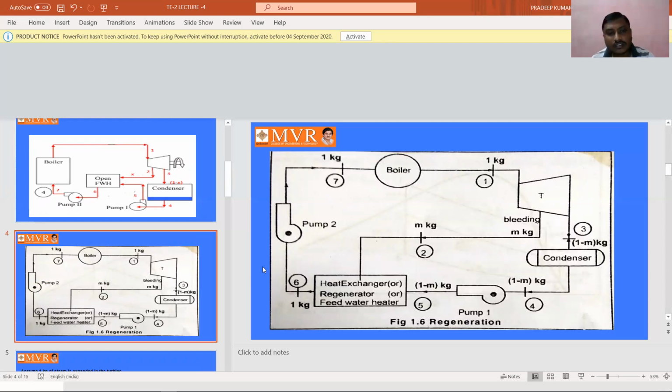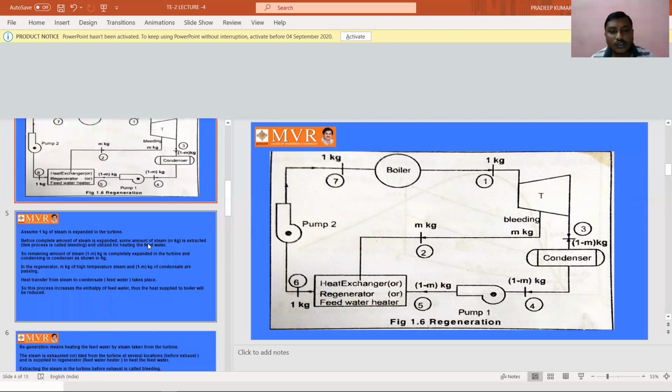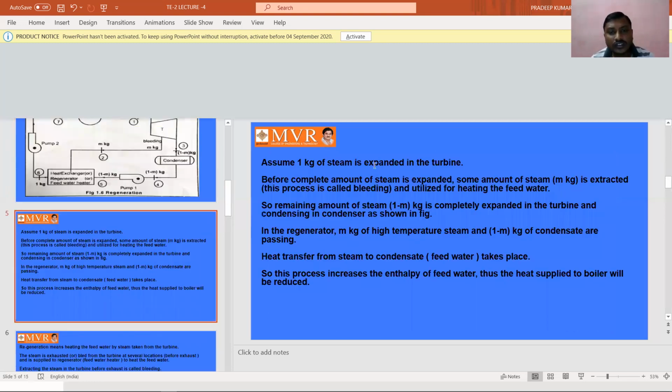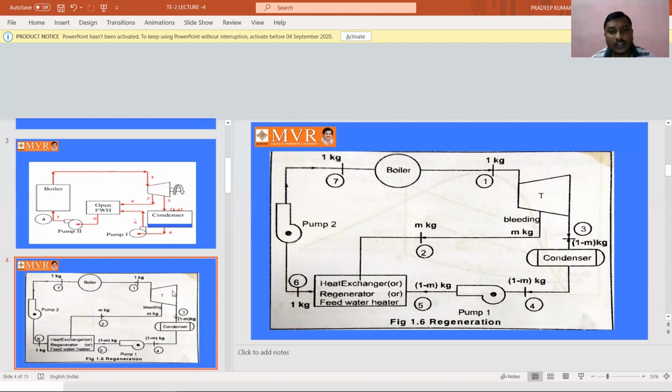Assume 1 kg of steam is expanded in the turbine, means in the diagram we are sending 1 kg of steam to the boiler, and this 1 kg of steam, after becoming dry saturated or superheated, is entered into the turbine.